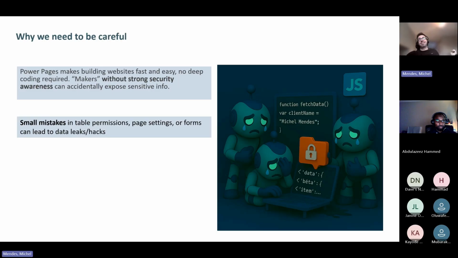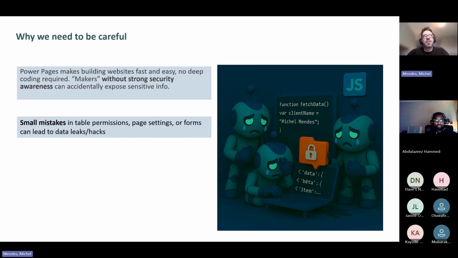So that's the problem. We need to have a strong awareness of what the features and the limitations are, because small mistakes can lead into data leaks or hacks. If you Google, there's a few bad news sometimes circulating around, like, okay, Power Pages site was hacked, making a fuss about it.